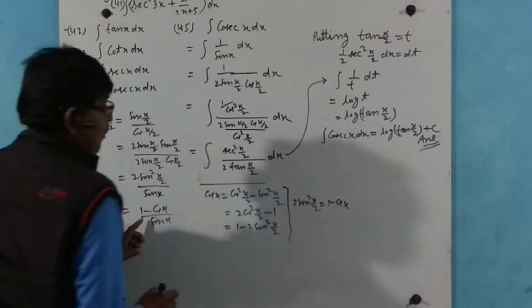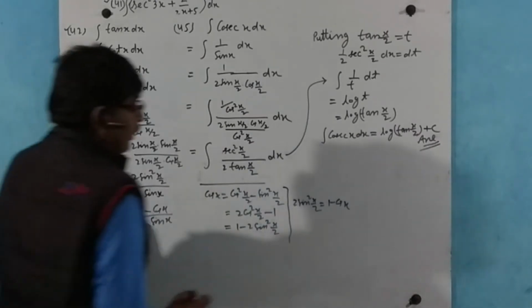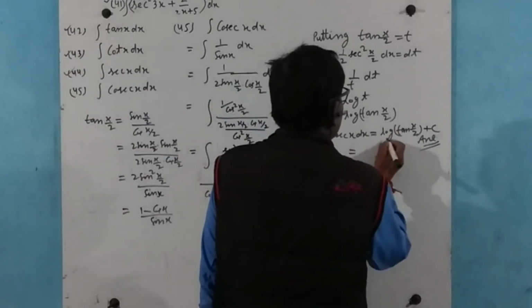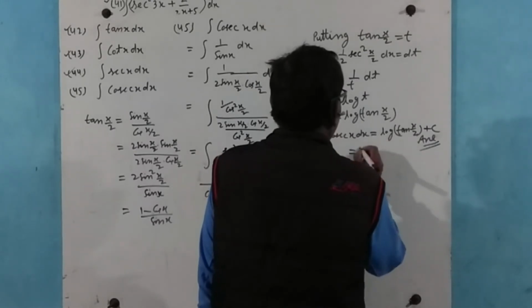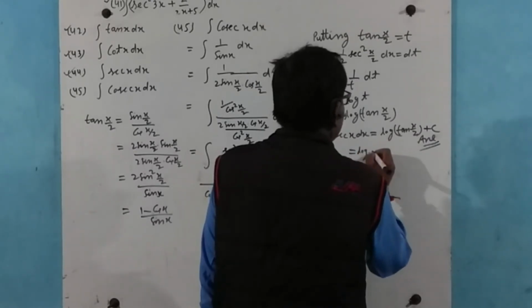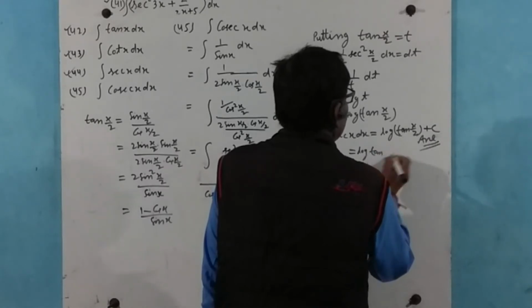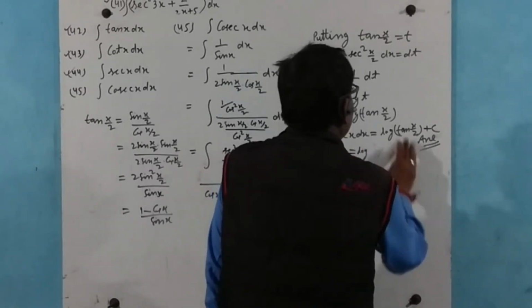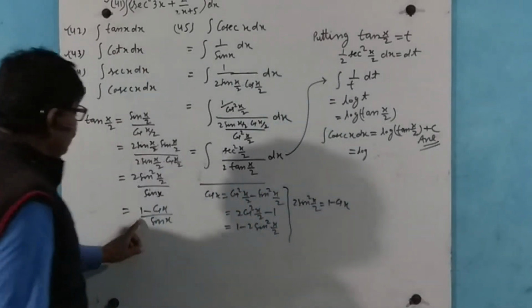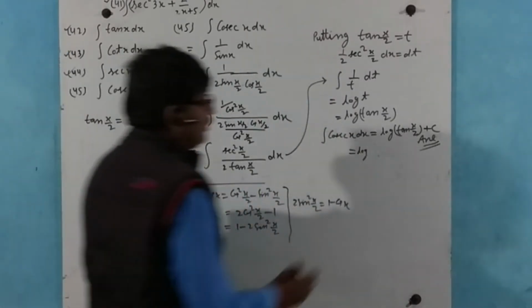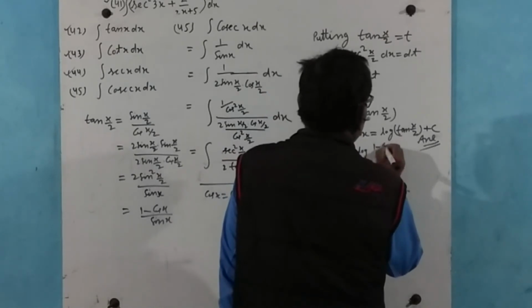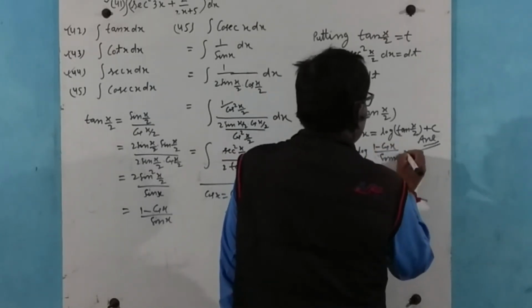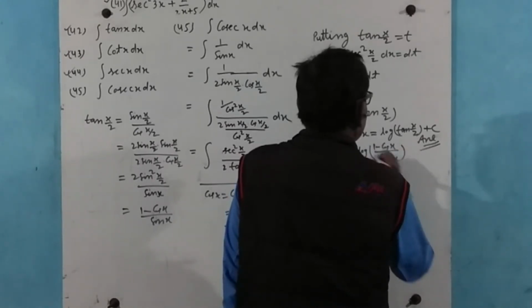Now the integration of this is log of tan x by 2, which is log of 1 minus cos x by sin x, plus integrating constant c.